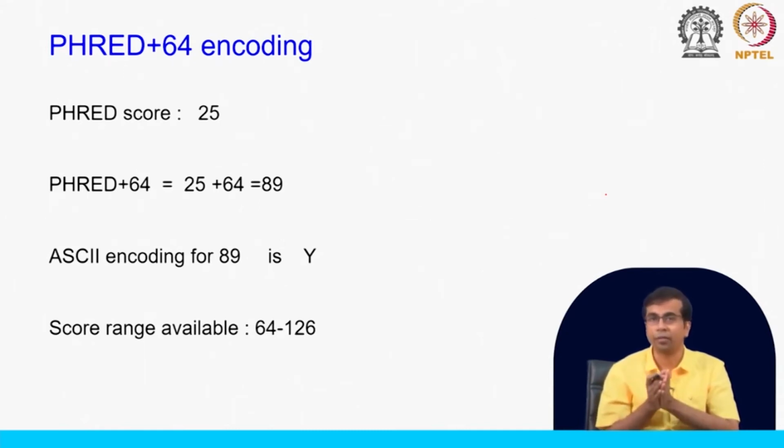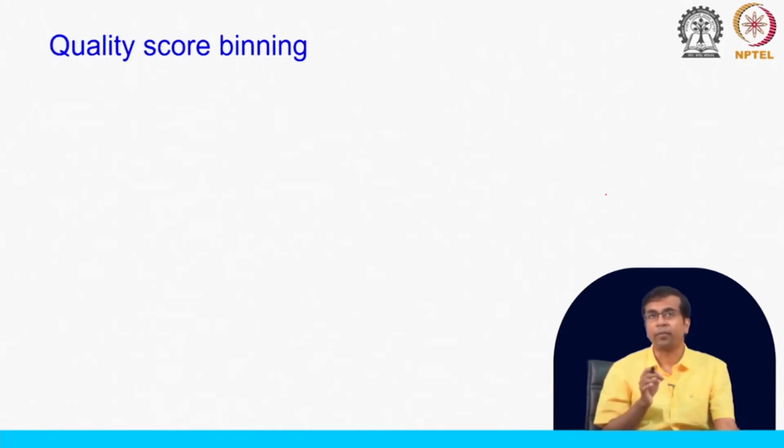So, if you have quality score 0, your Phred plus 64 value would be 64, right. So, that was the lowest value that was available. Okay. So, now we understand how this encoding works, and we can figure out what the actual Q value is if we know the encoding.